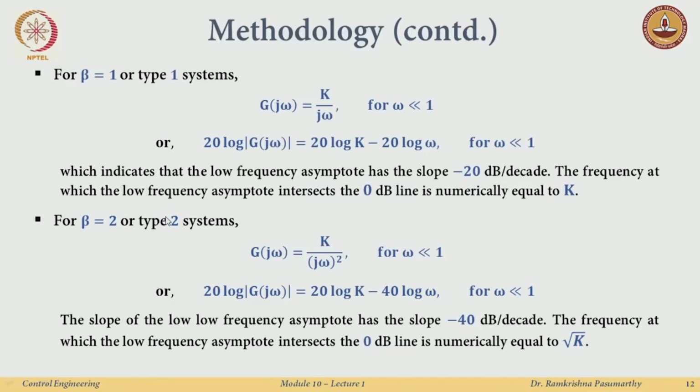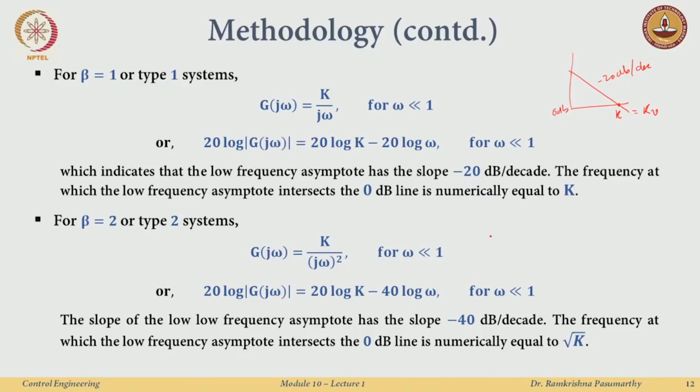Similarly, for a type 1 system, G of j omega can be approximated for very low frequencies as K over j omega, and the behavior is something like this, which indicates that the low frequency has a slope of minus 20 dB per decade, and where it intersects the 0 dB line, this constant is equal to the velocity error constant.